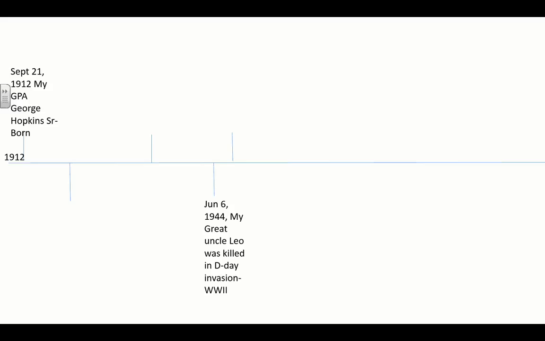So my grandpa, who was also a World War II veteran, luckily lived, and Uncle Leonard died on the beaches of Normandy. So the 1912 was when he was born, so that's going to get me 104 years of history. You have to have 100 to get full credit, and then 20 events. So pretty simple to make this.